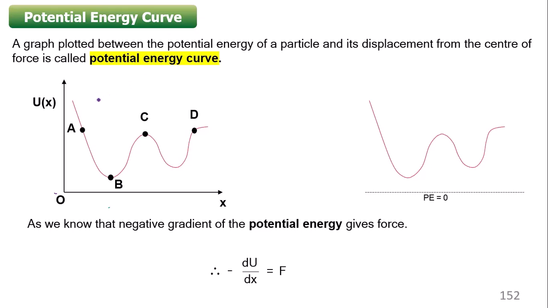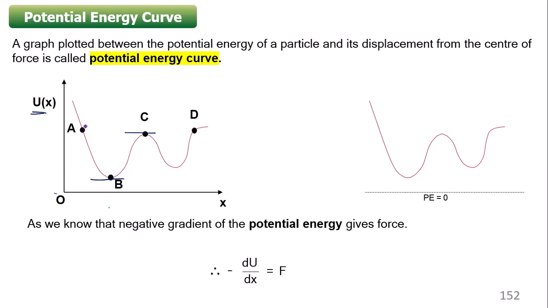U is a function, so there must be some kind of variation. Let us say there is a potential energy variation versus x, where x is the position. There are certain points where the slope becomes 0: at point B and at point C, the slope is becoming 0.